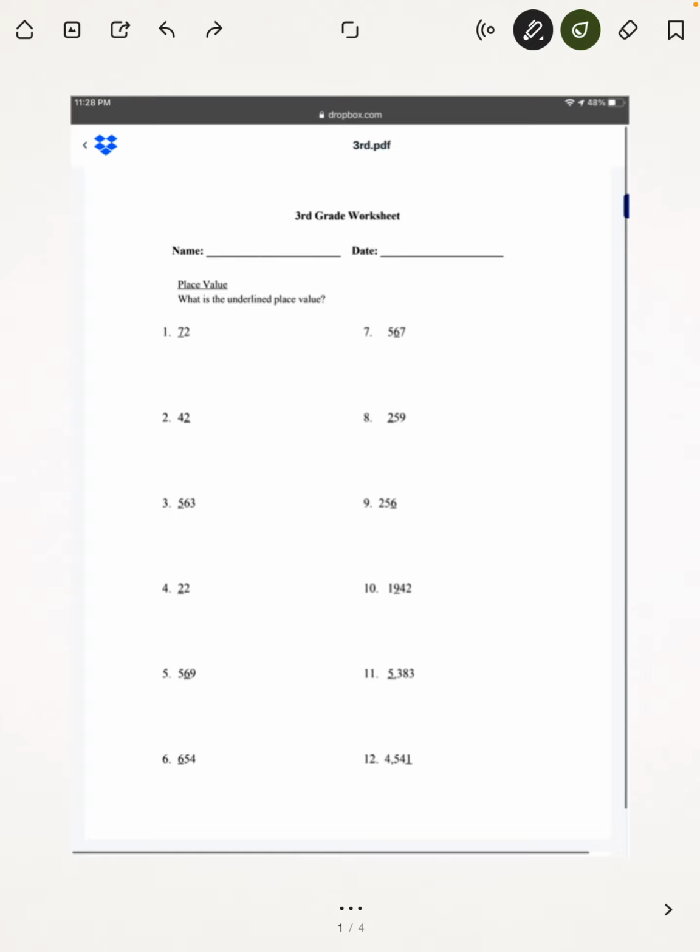My name is Cara and the first topic that I'm going to be going over in this video is place value. It says in the directions, what is the underlined place value? Just as a reference and review, if we have a number like, let's say, thousands, the number farthest to the right is known as the ones place. The second number is known as the tens place.